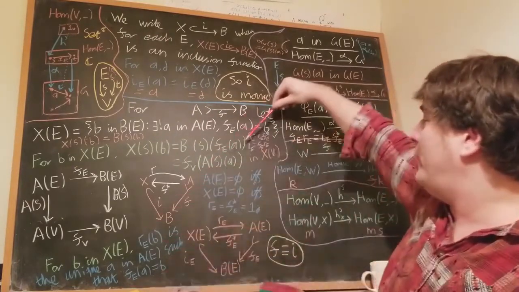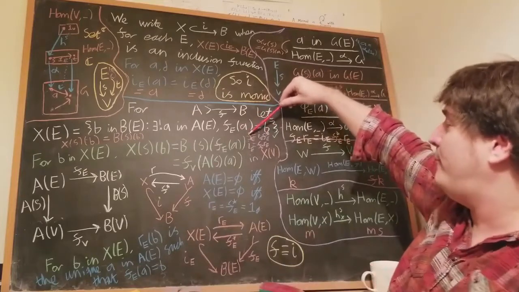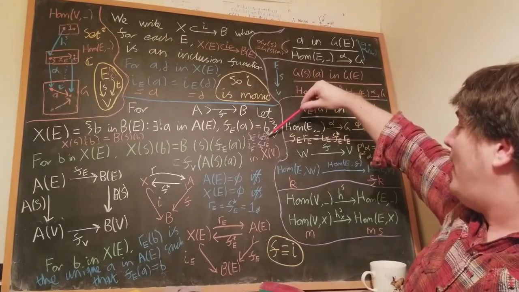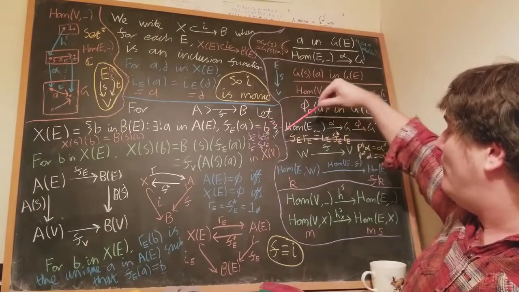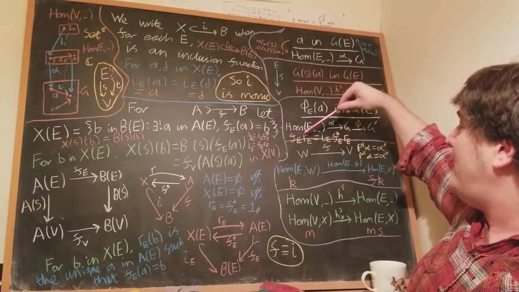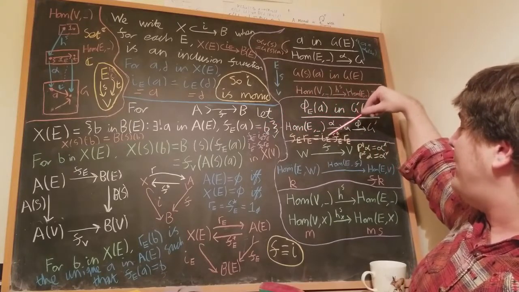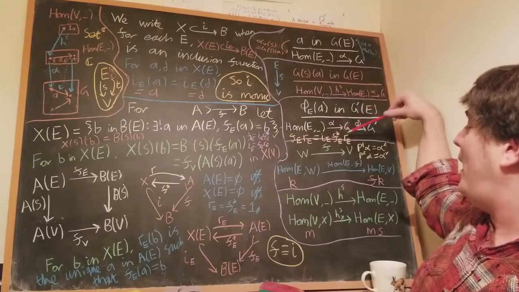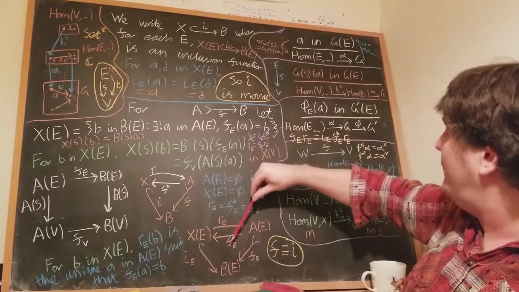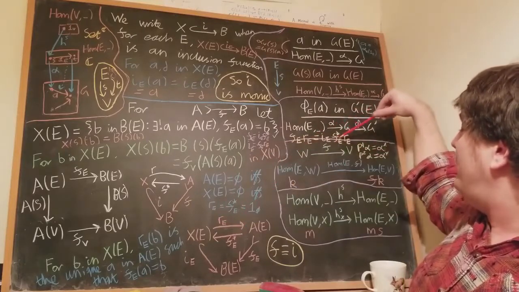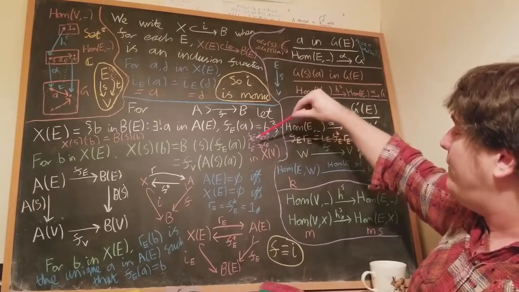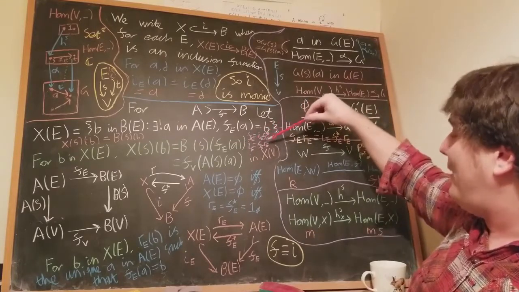Well, we already have this equation, that f of E equals I of E after f star of E. If we take this equation and compose with R of E on the right, we get that f of E after R of E equals I of E after f star of E after R of E. And now since R of E is the inverse of f star of E, these two cancel to become an identity, and we get this equation here: I of E equals f of E after R of E.